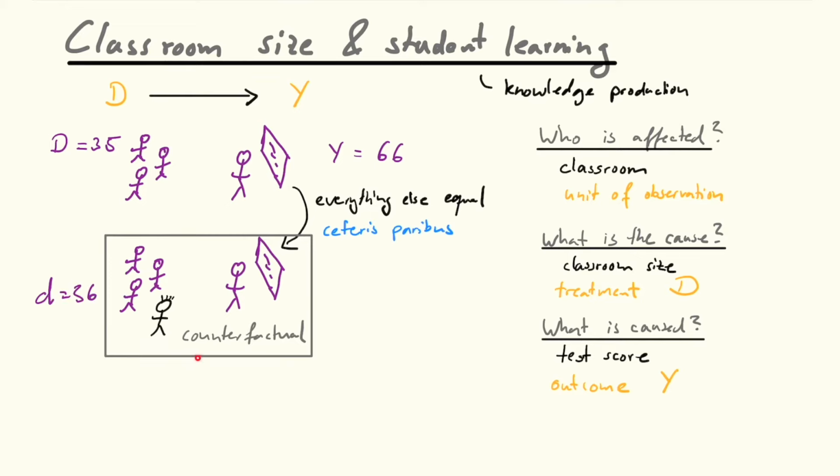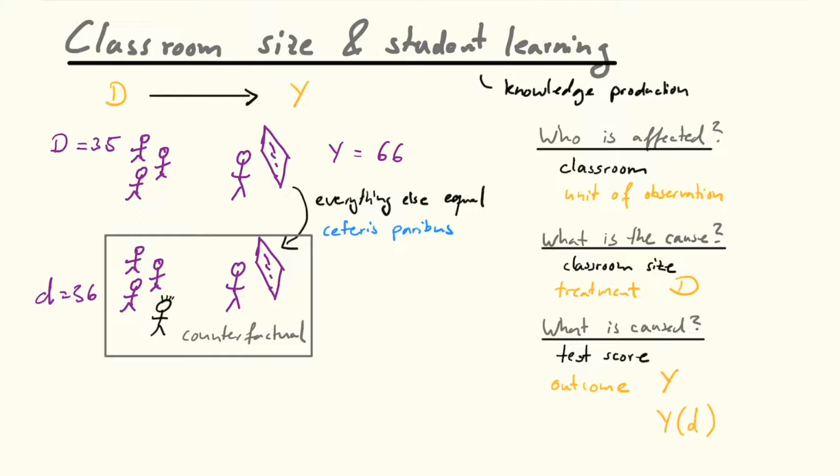What is the outcome for the counterfactual classroom? Our hypothesized causal relationship suggests that the outcome should depend on the treatment. Let's make this explicit by writing y as a function of treatment. The treatment lowercase d can be any value that represents a valid classroom size.